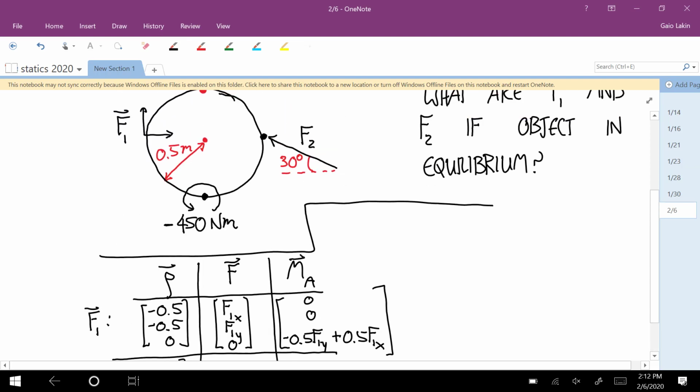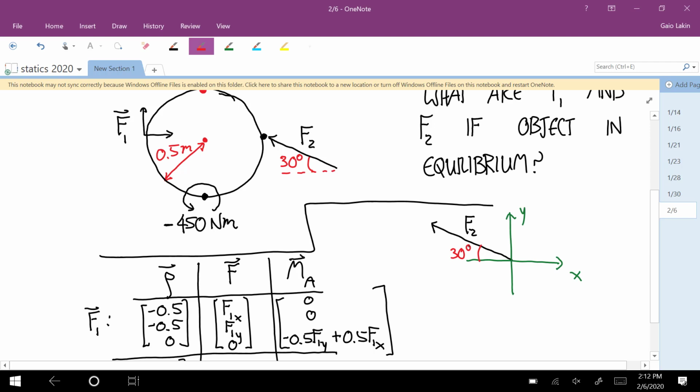The force vector. Yeah, exactly. So if this is the coordinate system, and that's the vector, it has a magnitude of F2, and we know that this is 30 degrees.